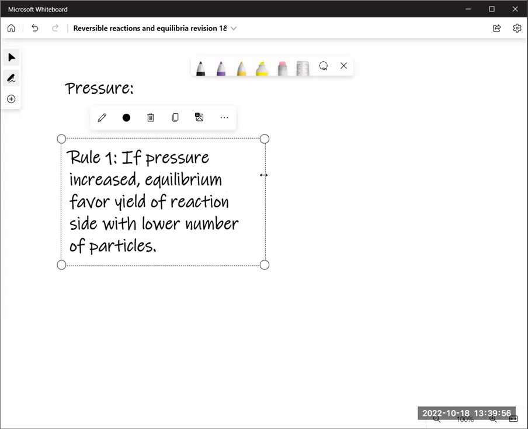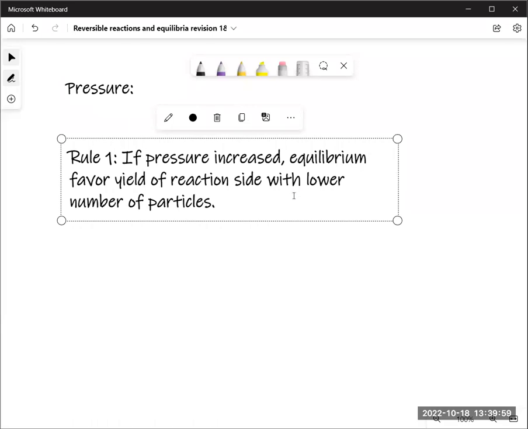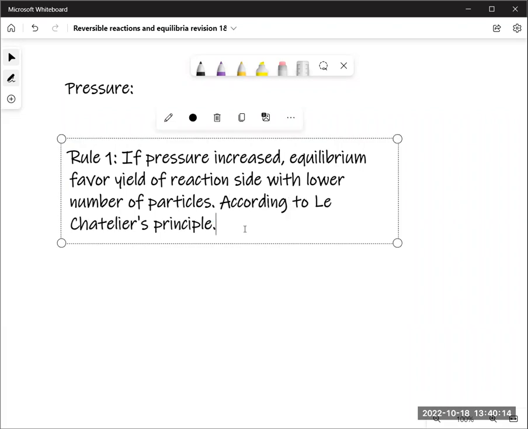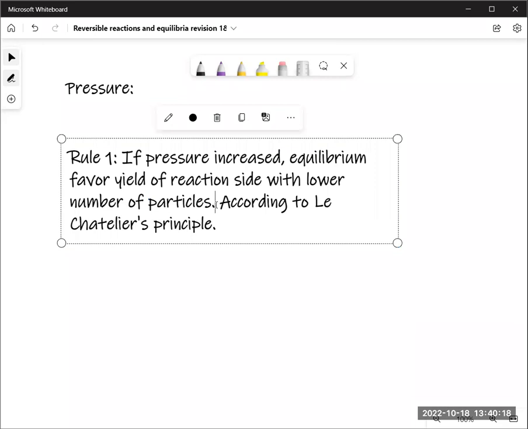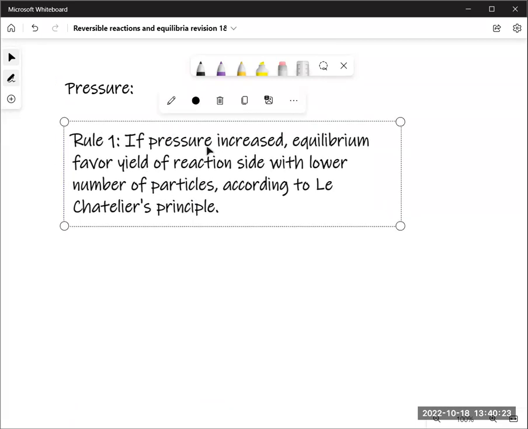Write this quickly. Tell me when you're done. According to Le Chatelier's principle, if the pressure is increased, equilibrium favors yield of the reaction side with lower number of particles.